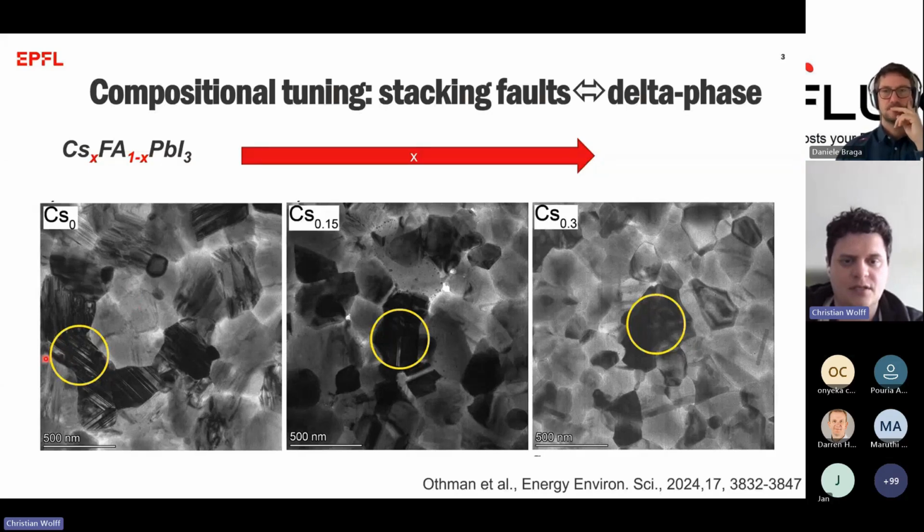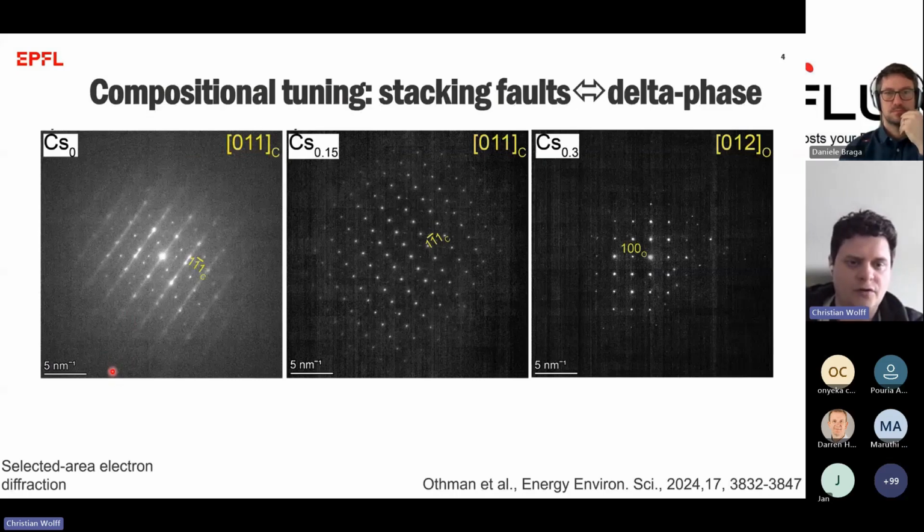This then looks as such. So you can see that we are creating these speckles where we have a lot of contrast. So this means there's a lot of diffraction, which then tells us, okay, we have high crystallographic order. This is the case for all three of the samples, but then the devil is in the detail.